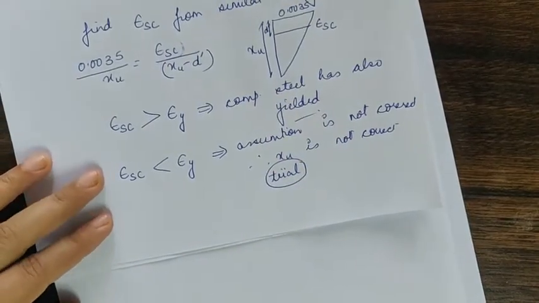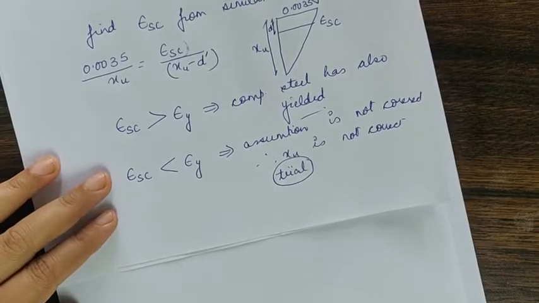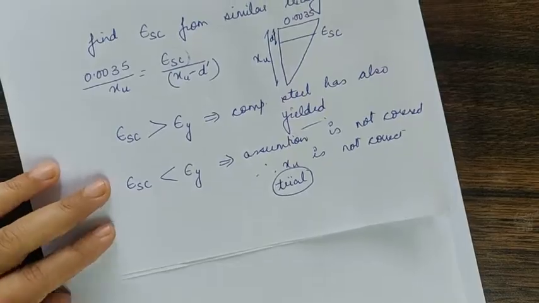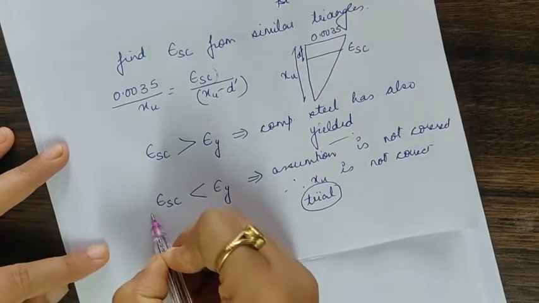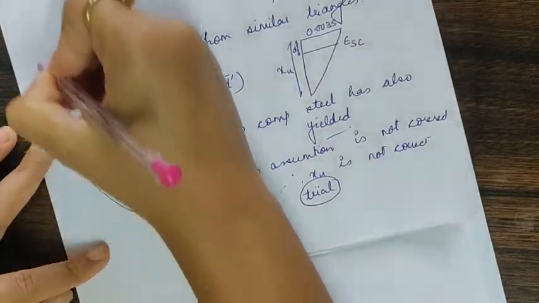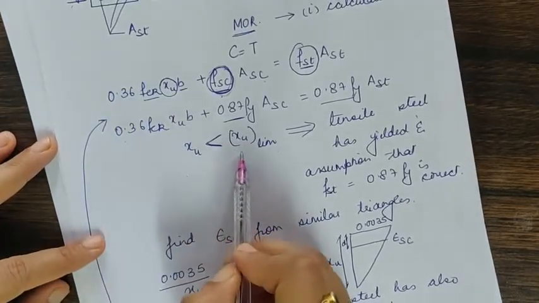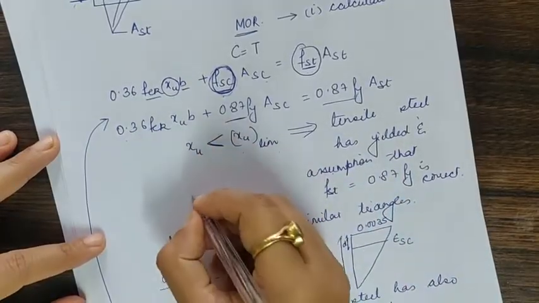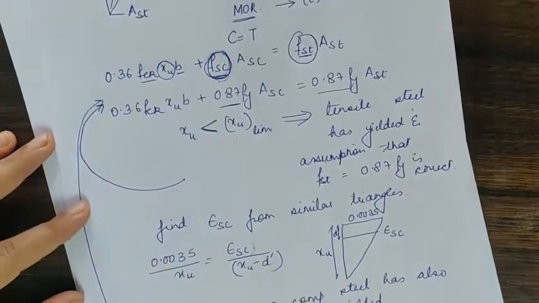It means I cannot directly calculate the value of XU. I'll have to calculate it by trial. So if I reach here and my assumption is incorrect, I'll again have to go to this step, that is finding out XU. If this assumption is not correct, again this step is not correct, I'll have to go here.